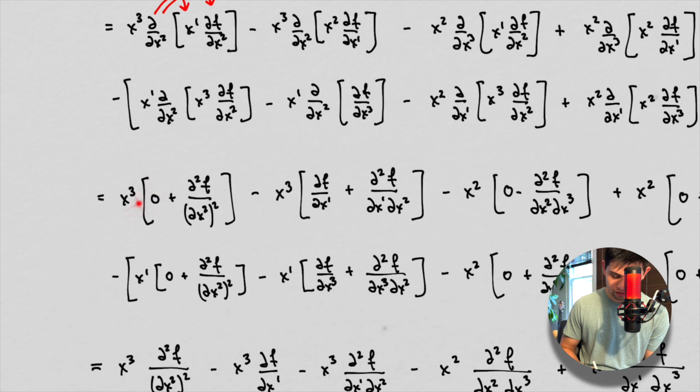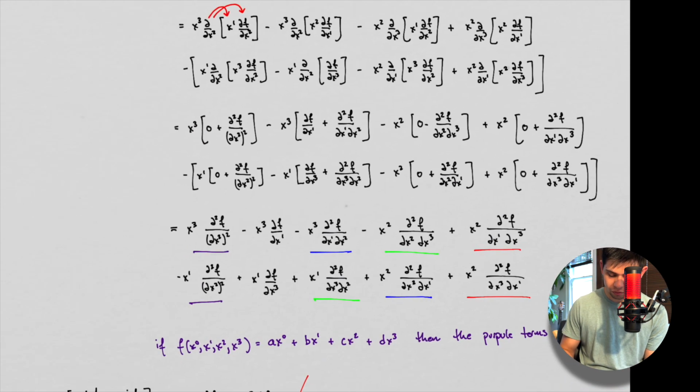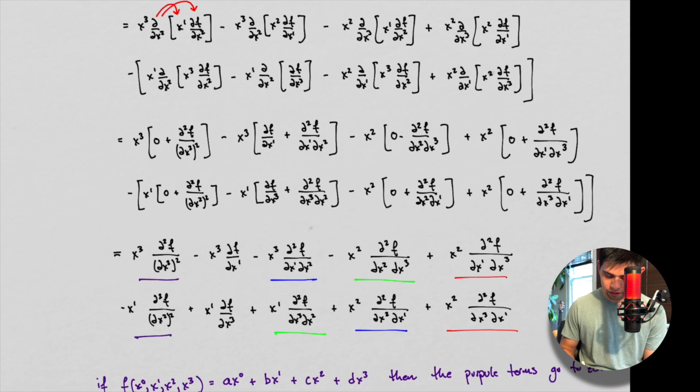Where does this 0 come from? The 0 comes from taking the derivative of x1 with respect to x2. Because x1 is not x2, that's just a constant, so that's 0. And you can see how this all plays out as well.